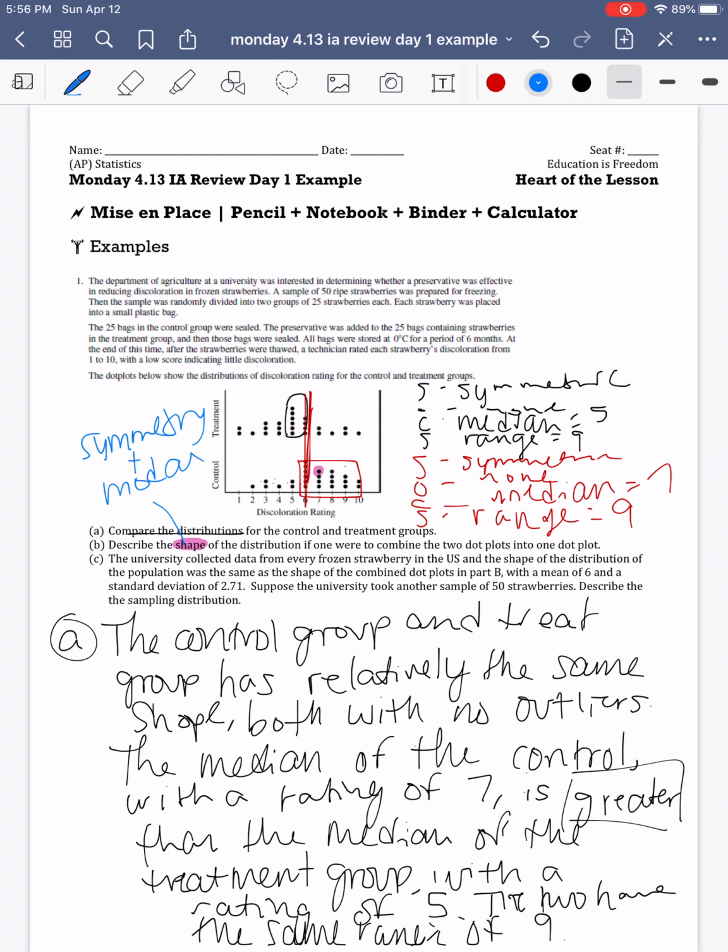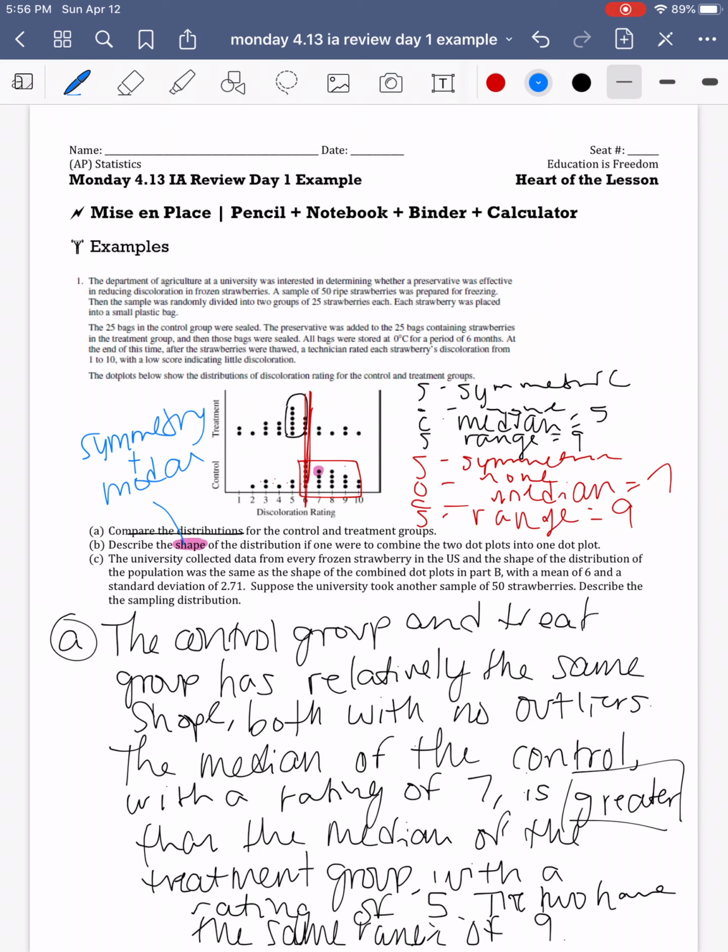So if I put this graph on top of each other and I add all these dots together, since both of them are relatively symmetric, we're still going to be relatively symmetric in our new graph. And then we can see that the highest point here will be 6, between 5 and 7, and it's going to be the highest point in our graph.